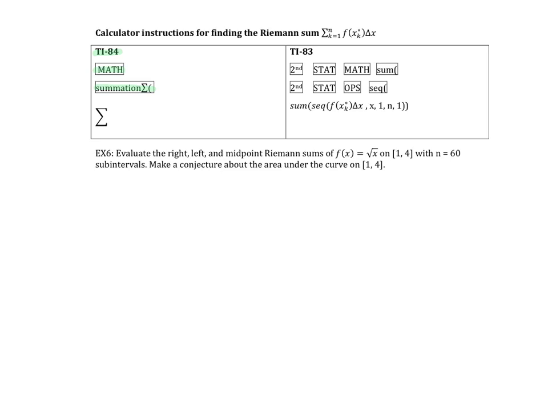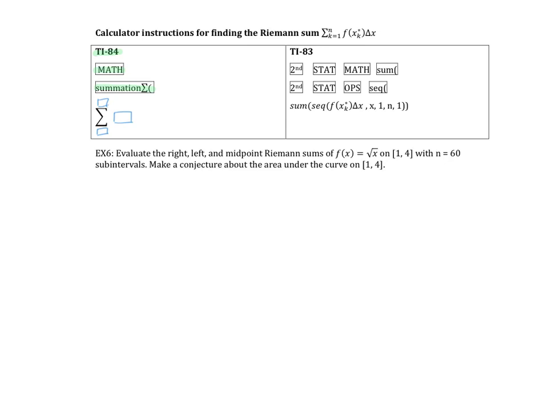Once you enter summation, you're going to get this summation symbol, and you'll have these boxes underneath where you can enter in your k values, the starting, the ending, and you can put in your function or what you want to sum.